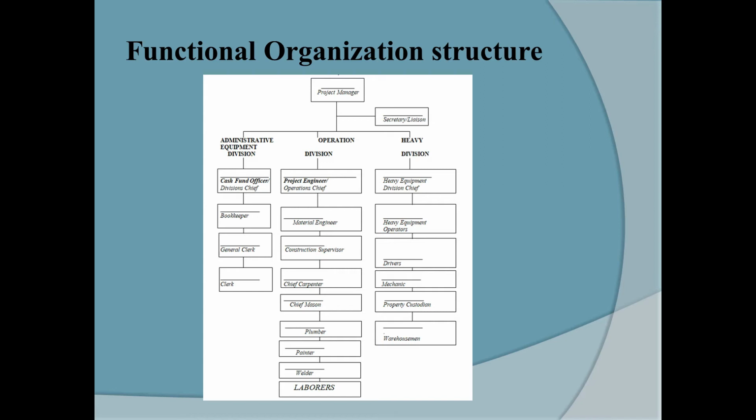So their supervisor will be the division's chief. And then the operation division, we have the operations chief. Under his authority, we have the material engineer, construction supervisor, chief carpenter, chief mason, plumber, painter, welder, and the laborers.